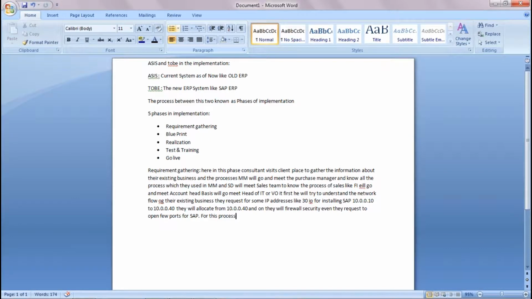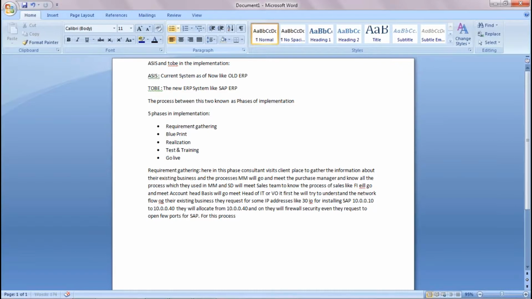The company may use 20.0.0 or 190.160 or something; I just gave a range. They don't fit because the company uses its own IP addresses. Somebody starts with 100.0.0 also. It depends upon them. I just gave an example: these 30 IPs are booked for you.